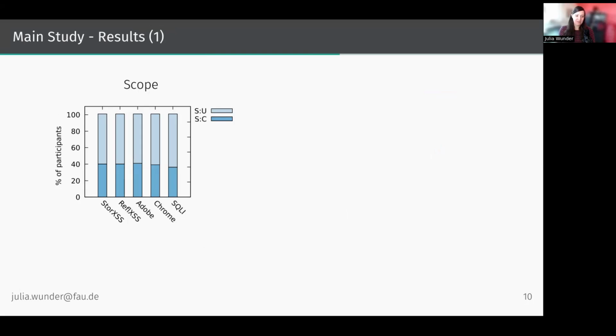There were also many complaints about this metric being hard to understand. One participant said something like, scope, ask 10 people and you get 10 coin tosses.